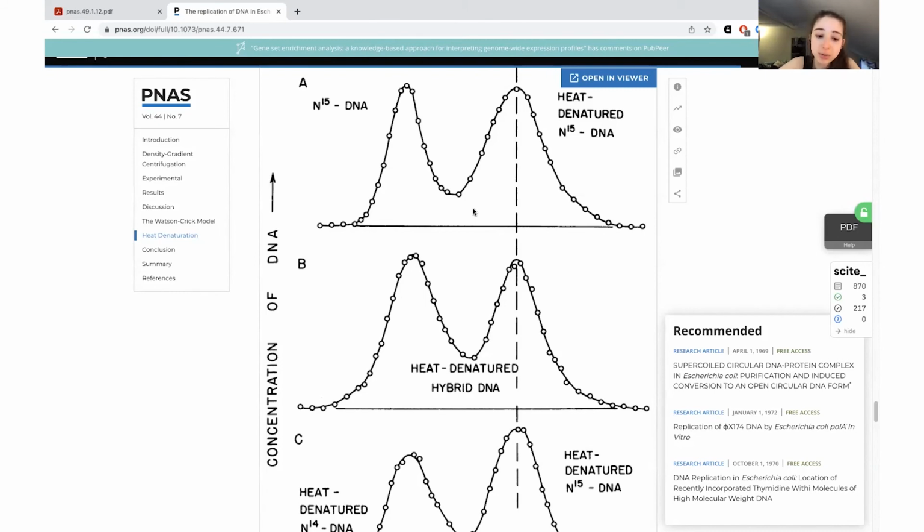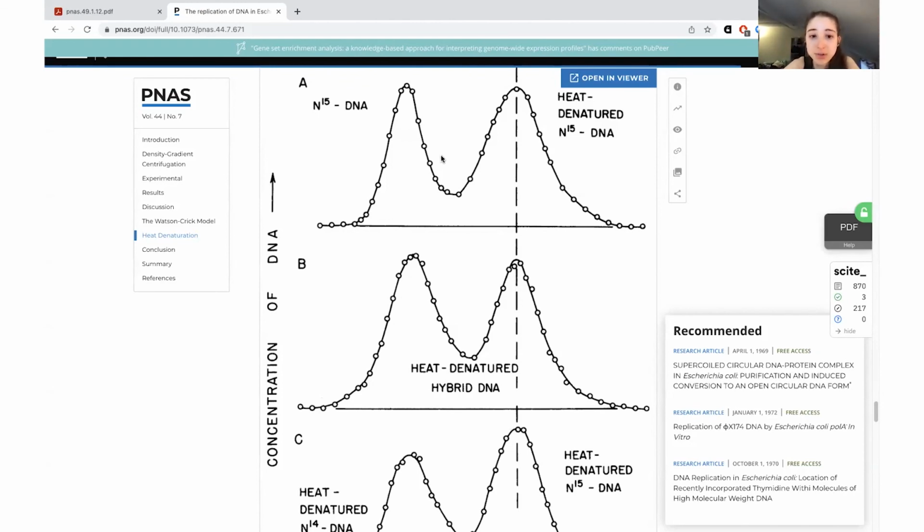This adds to the density of the complex, because what this technique is measuring is the buoyant density of the DNA molecule surrounded by the ions that it's bound to, that aren't just free to move around.